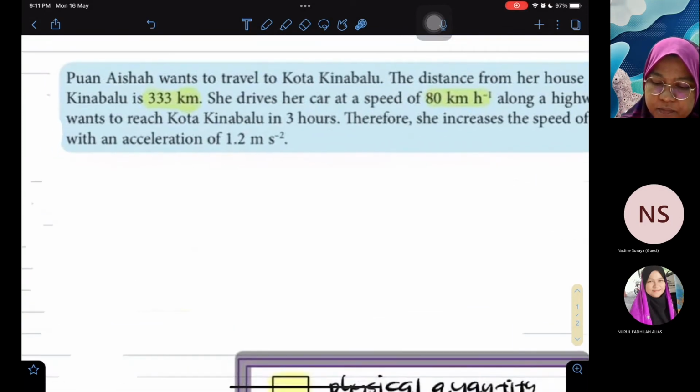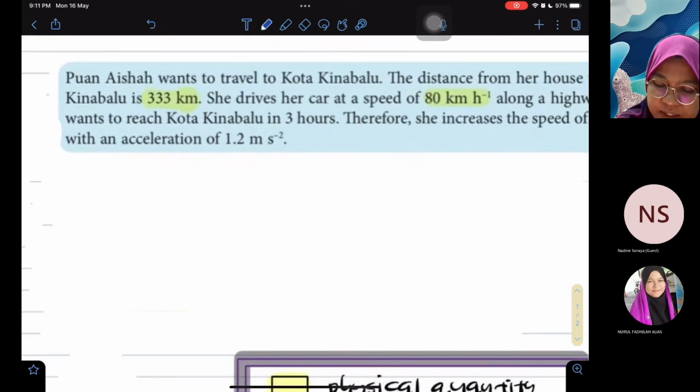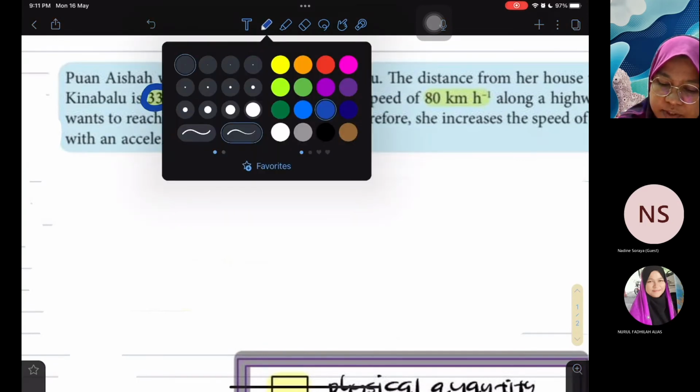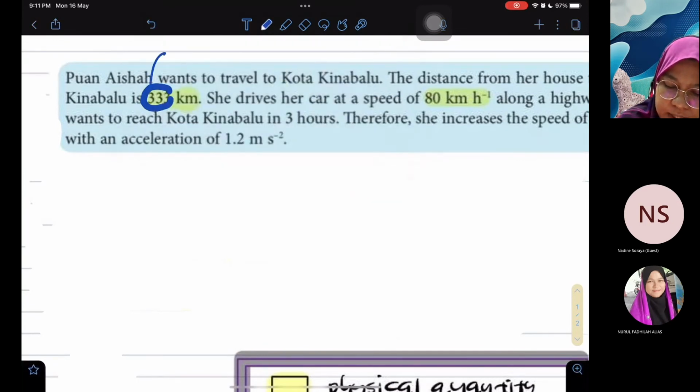Okay. Next. Kat sini ada value 333. So 333 ni adalah magnitude. Cuma kita kata ini adalah magnitude of the length, ataupun distance lah.